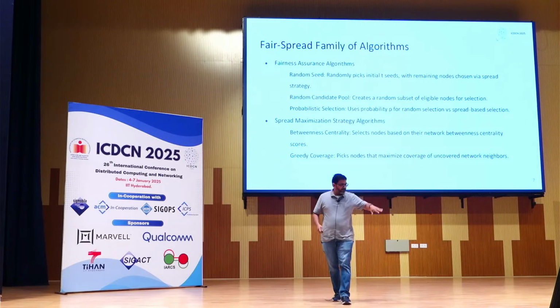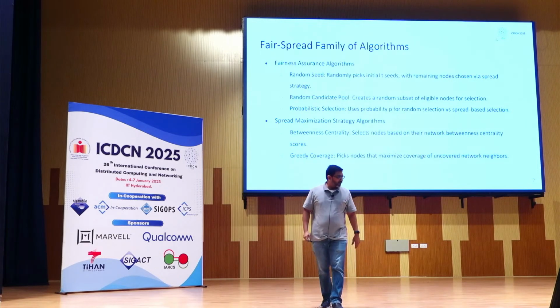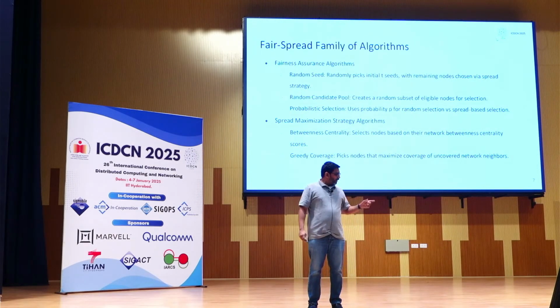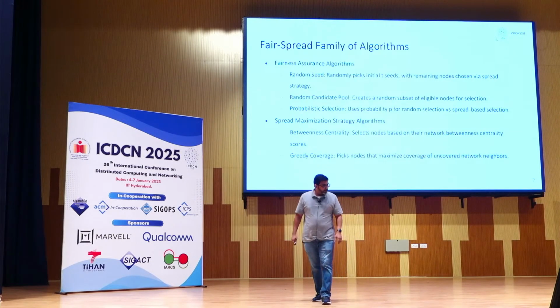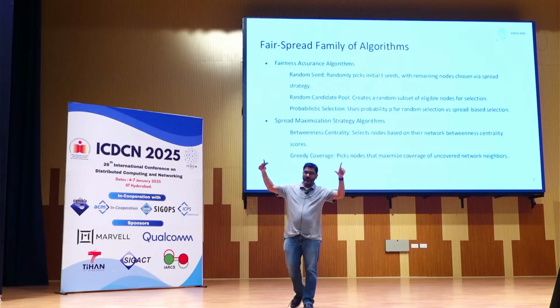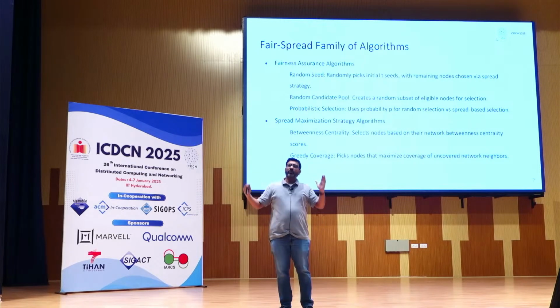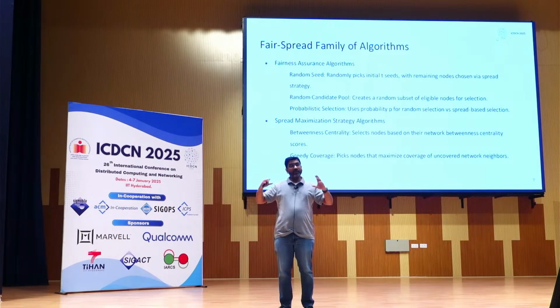That was just a sample candidate heuristic. For example, the random candidate pool. Suppose you have a full graph. The candidate pool will first randomly select a much larger pool of eligible candidates, chosen randomly. And then the spread maximization algorithm will be applied only on the candidate set.